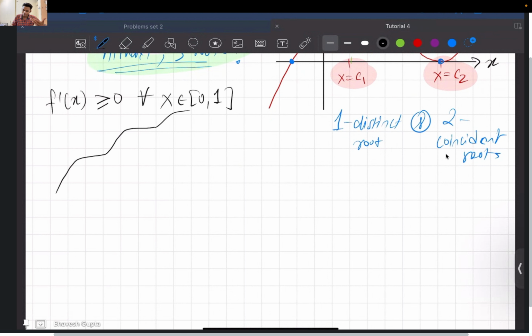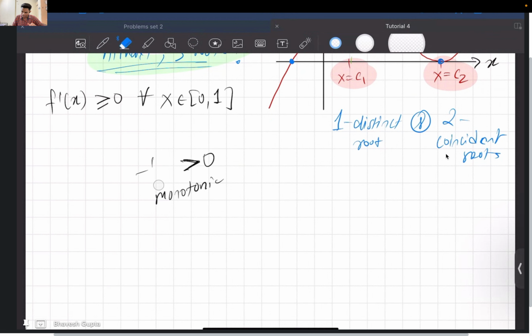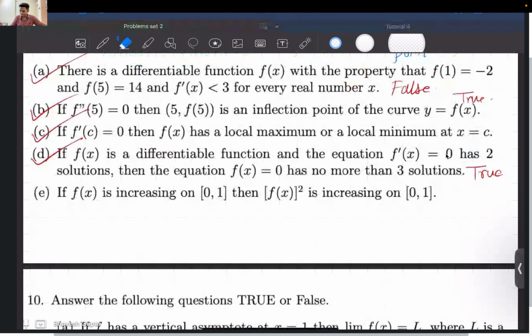But with this particular kind of inequality, which basically tells you it's monotonic, it has to be strictly greater than 0. So just to include the case where you can have a momentarily 0 slope, I'm including this greater than or equal to sign, because in the problem they have not told me that it's monotonically increasing.